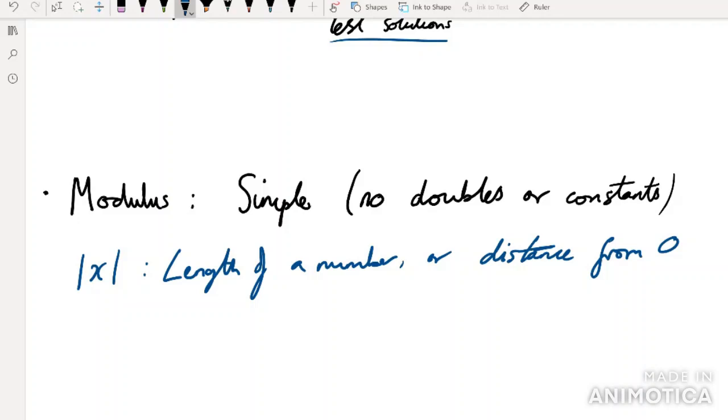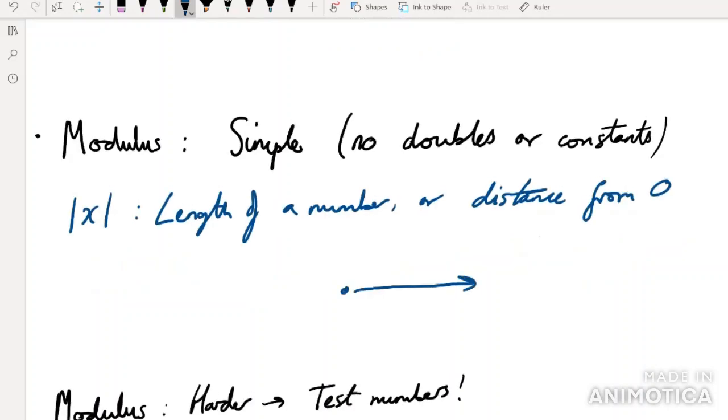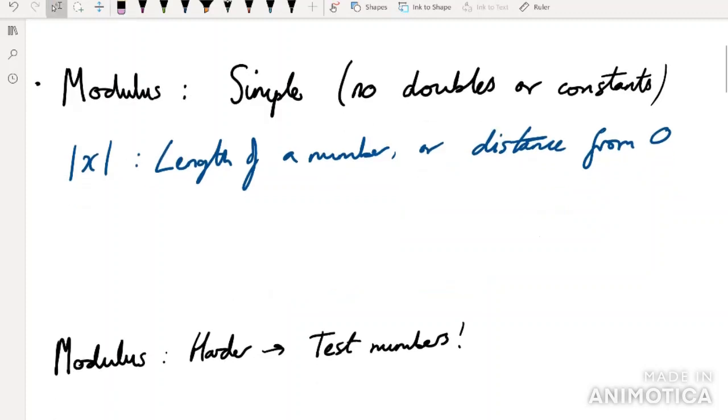Because distance from zero can go two ways, positive or negative, modulus questions more often than not have two solutions or more, since you can have two different distances depending on which way you go. That's the thing to think about when we talk about what a modulus is.